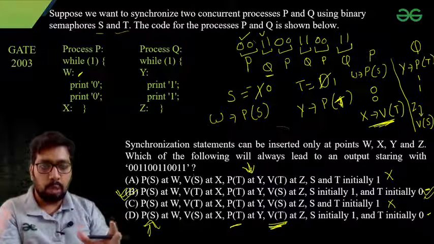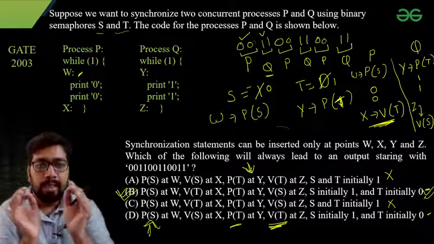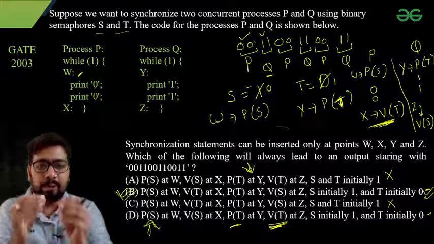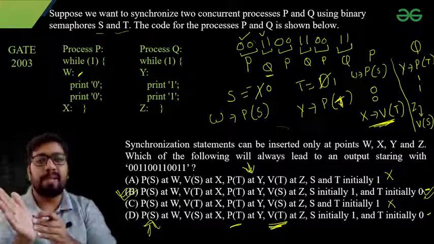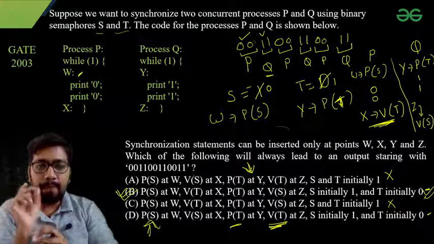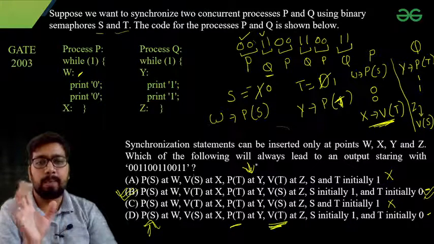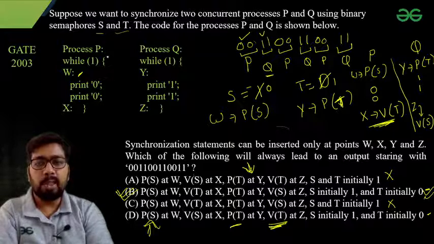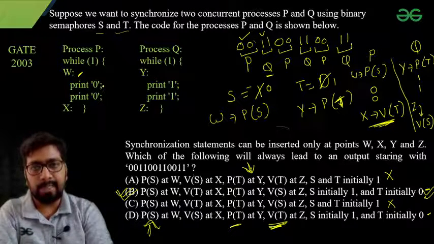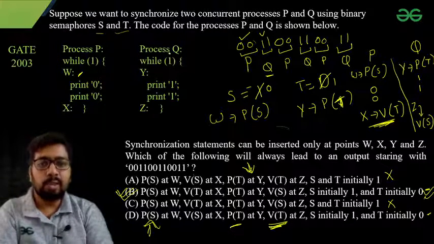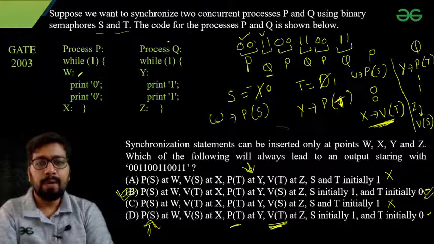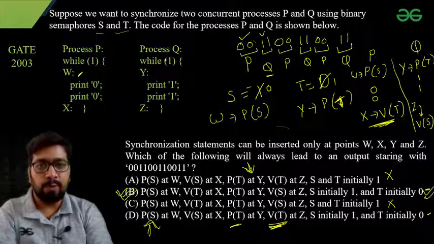It is lengthy, no doubt. But if you have studied the strict alternation method, if you have gone through my previous video, that is a 1 minute question, hardly 1 minute, because we know first P needs to be performed, so the semaphore must be decremented. After that only Q can be performed.